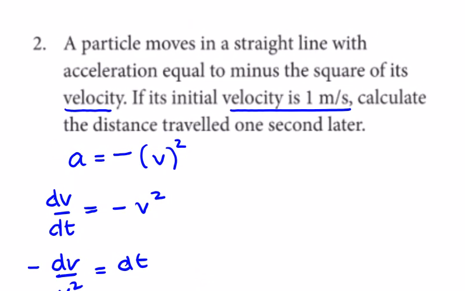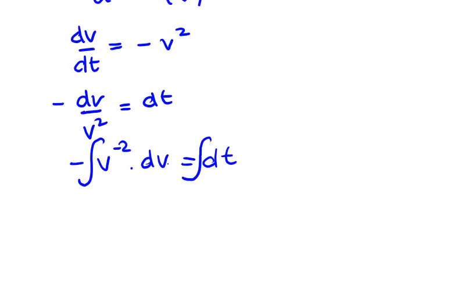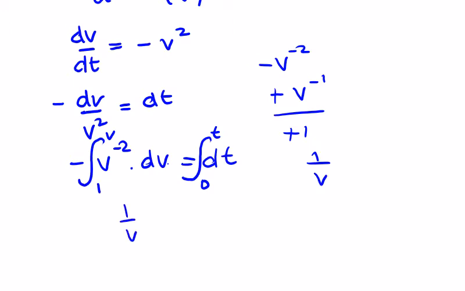We're integrating it, initial velocity 1, so 1, and then we get the velocity after that on time. So v to the minus 2 is going to be minus v to the minus 1. Increase the power, divide by the new power, they become pluses, so we're going to get just v to the minus 1, or 1 over v, between v and 1 is equal to t between t and 0.